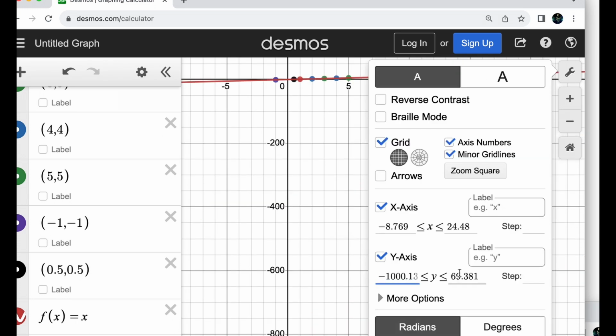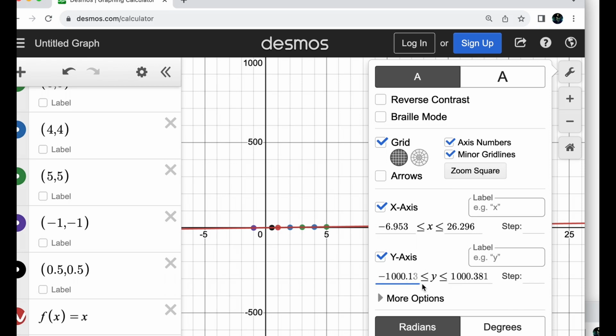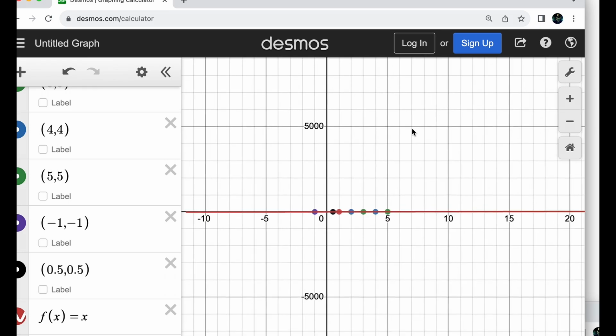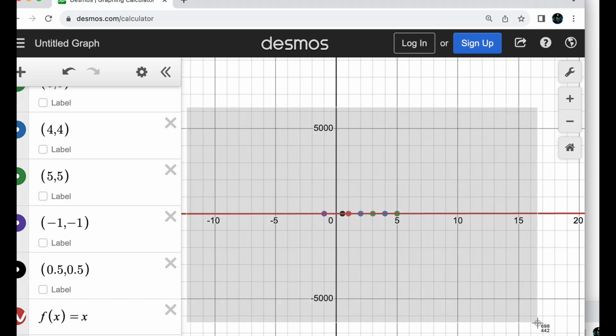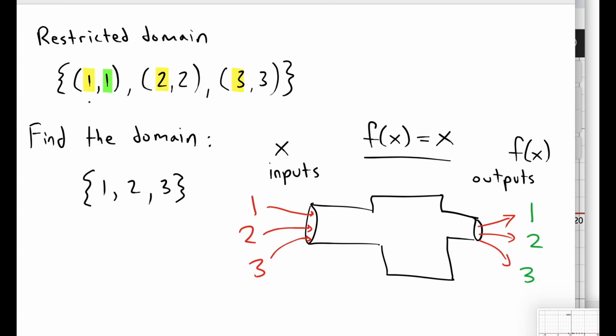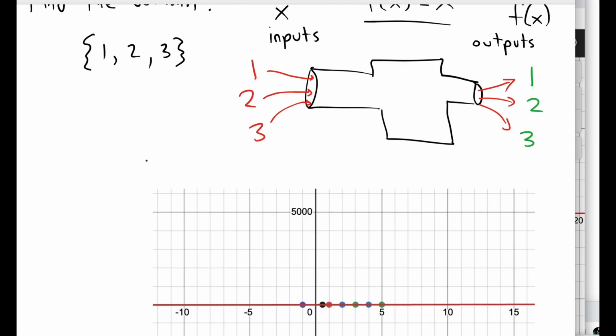Negative 1,000 to 1,000. Let's go a little bit farther because they're not quite on the axis yet. Let's go negative 10,000 to 10,000. That right there is a picture of the domain of the entire line. It's the x values of all the points on the line. And now what you have to do is state what the domain is here. That's a little bit more challenging than just listing a few x values. So let's see the different techniques we could use to do it.